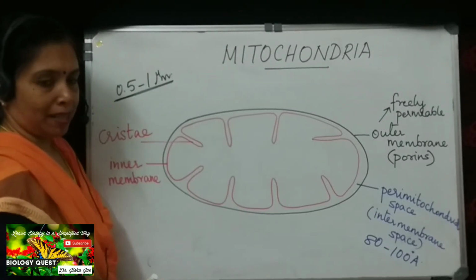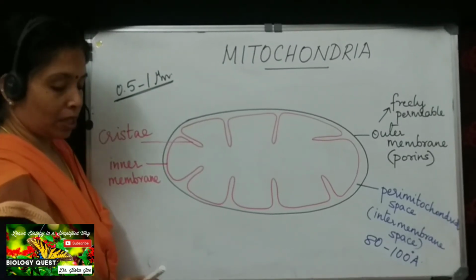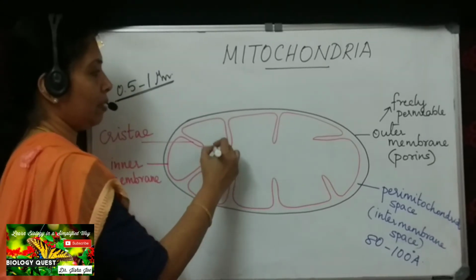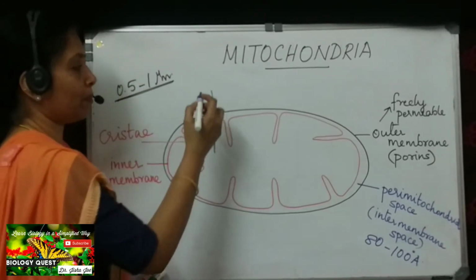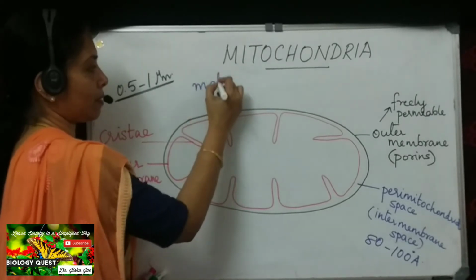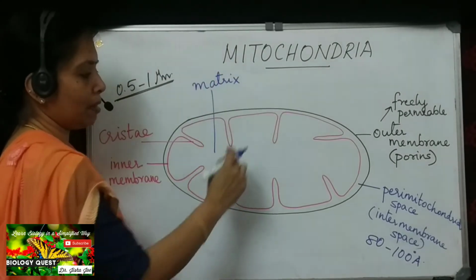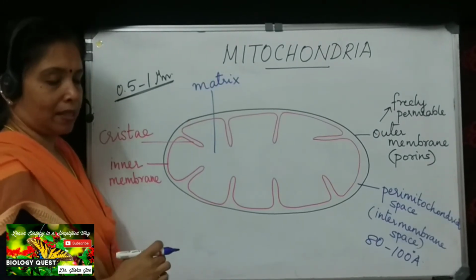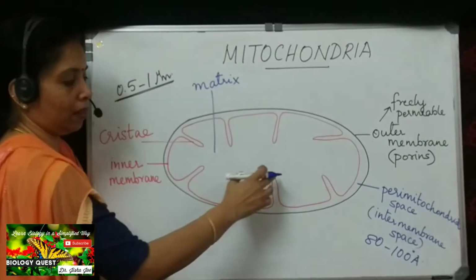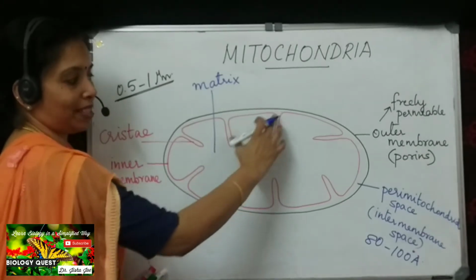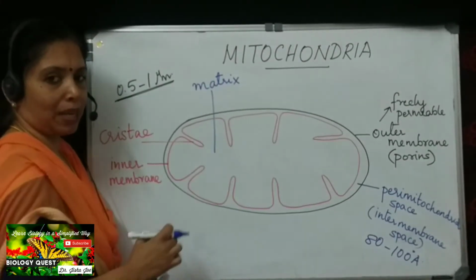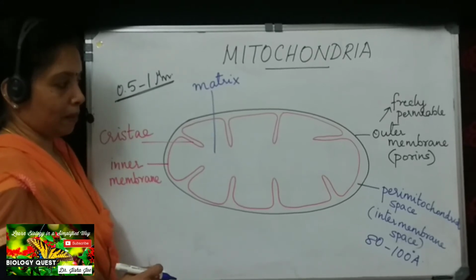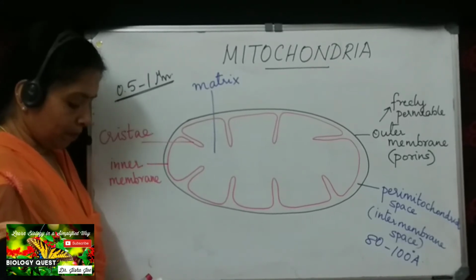This space is filled with a fluid called the mitochondrial matrix. So the inner membrane encloses a fluid matrix.